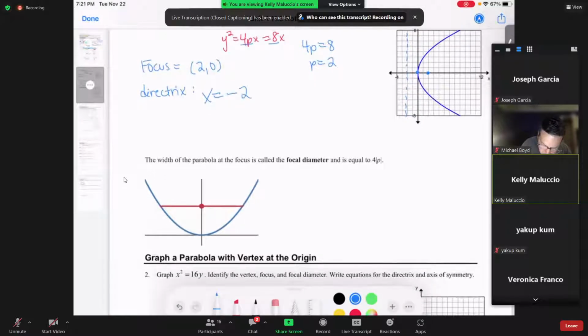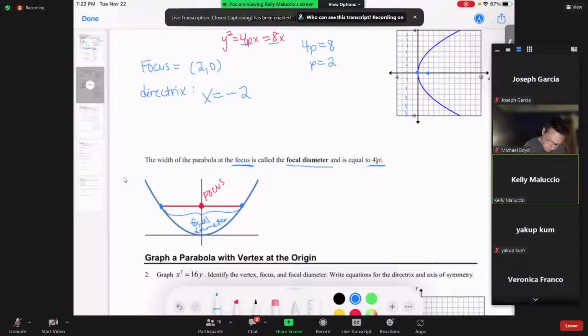And so then what this next note here is saying is that the width of the parabola at the focus point is the focal diameter, and it's equal to 4p. This is how we get this. So if this is our focus point, right? This is our focus, and these are just 2 points on the parabola, right? We just connect to the parabola. This distance here is the focal diameter, right?